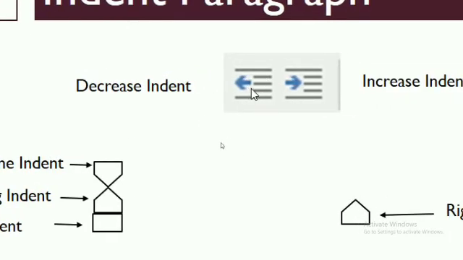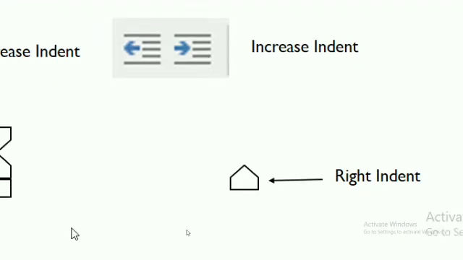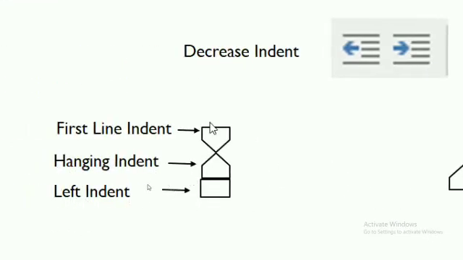This is your decrease indent and this is your increase indent. Next, this is your first line indent, the center part is hanging indent, and the last is left indent.